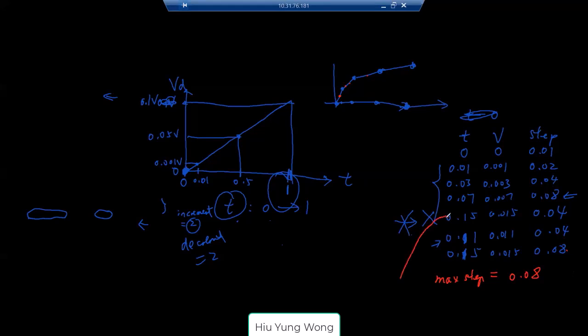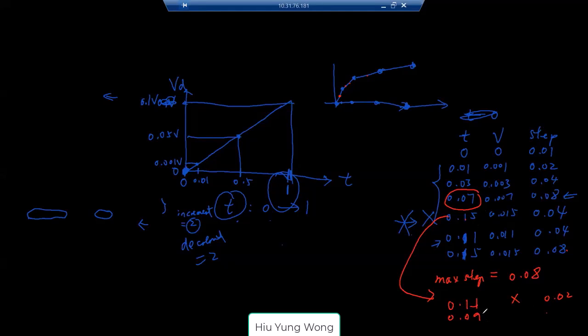If this one, let's say this one failed, you cut it back. You say, this time let me add 0.04, but still fail. Then you cut again. You say, okay, let me do 0.02. So it now becomes 0.09, right? Because I was 0.07. I add 0.08, it doesn't converge. Then I add 0.04, it doesn't converge.